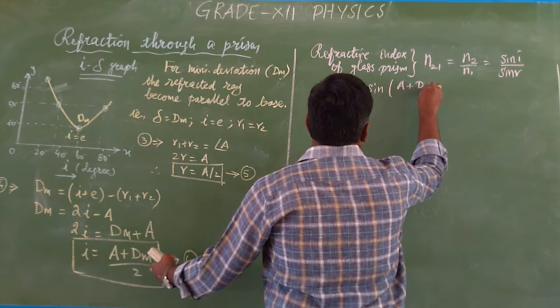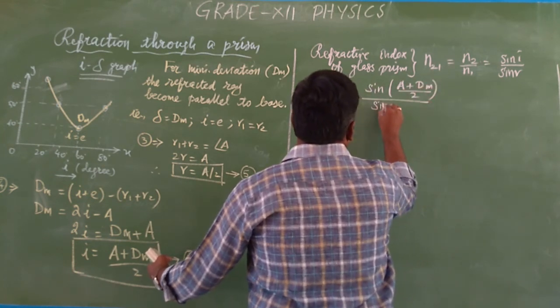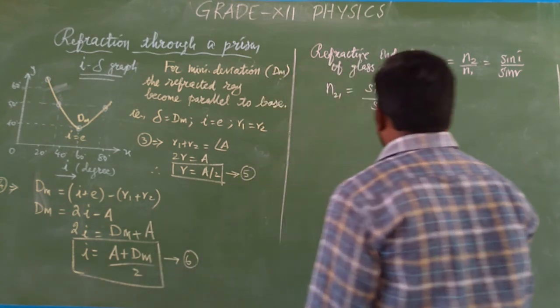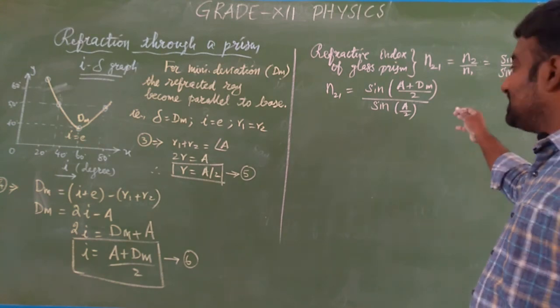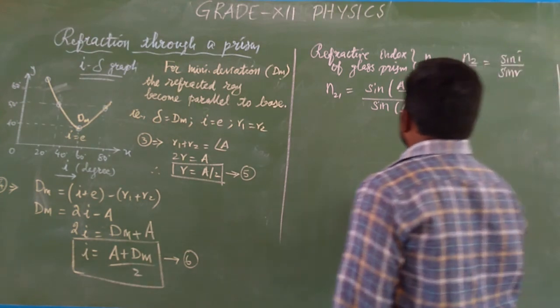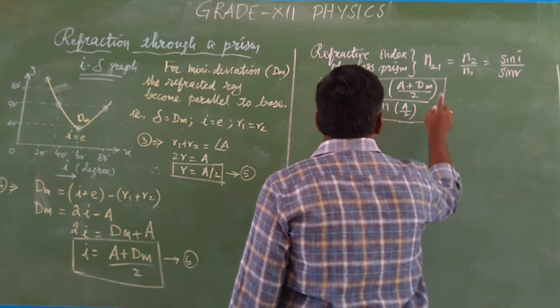A plus dm by 2, divided by R, which is sin A by 2. Since the angle is very small, this is the refractive index of the glass prism. Next we are going to find the minimum deviation.